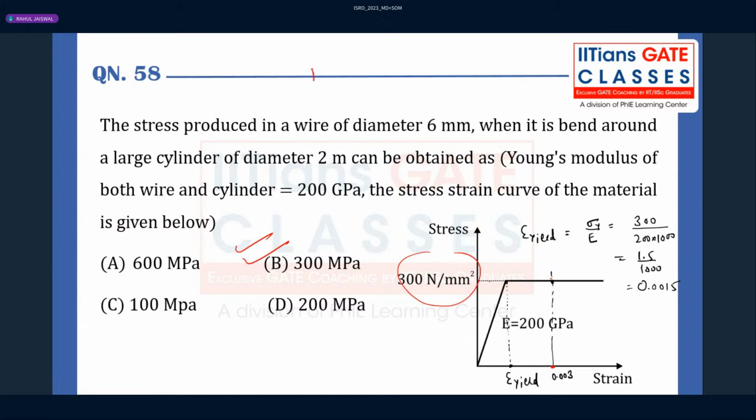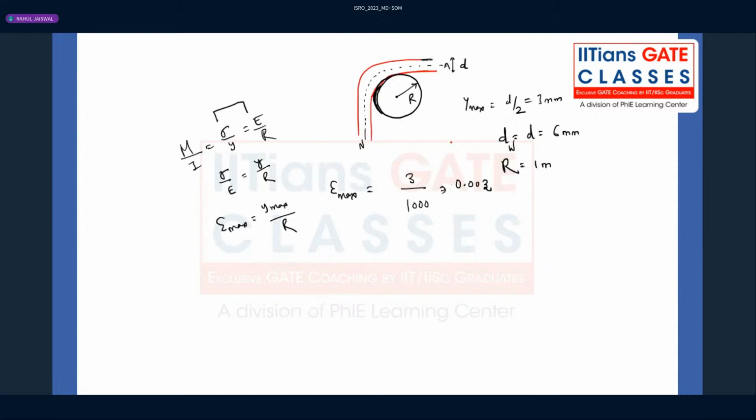If any stress more than 300 megapascal is introduced, then it is going to fail. And the failure stress for this particular wire material will be 300 megapascal. Right? Make a note of it.